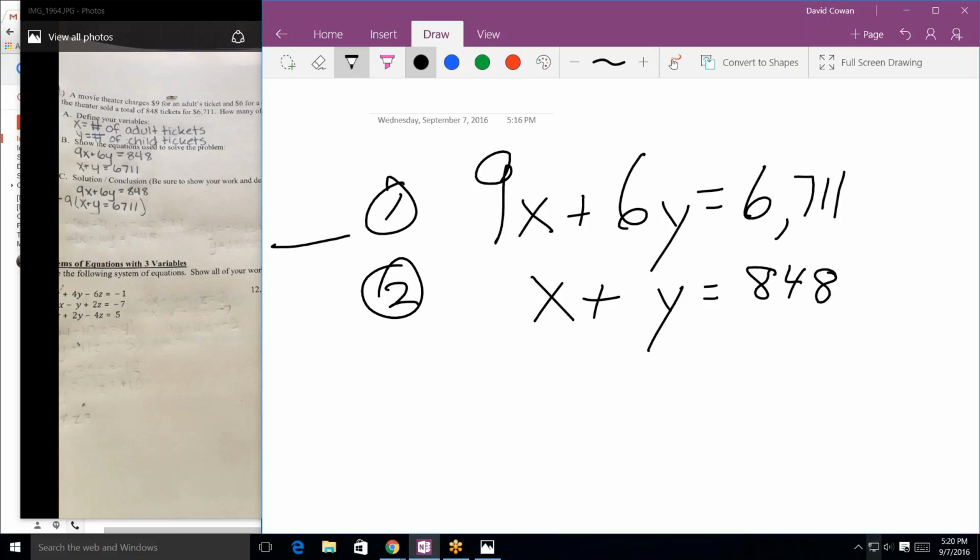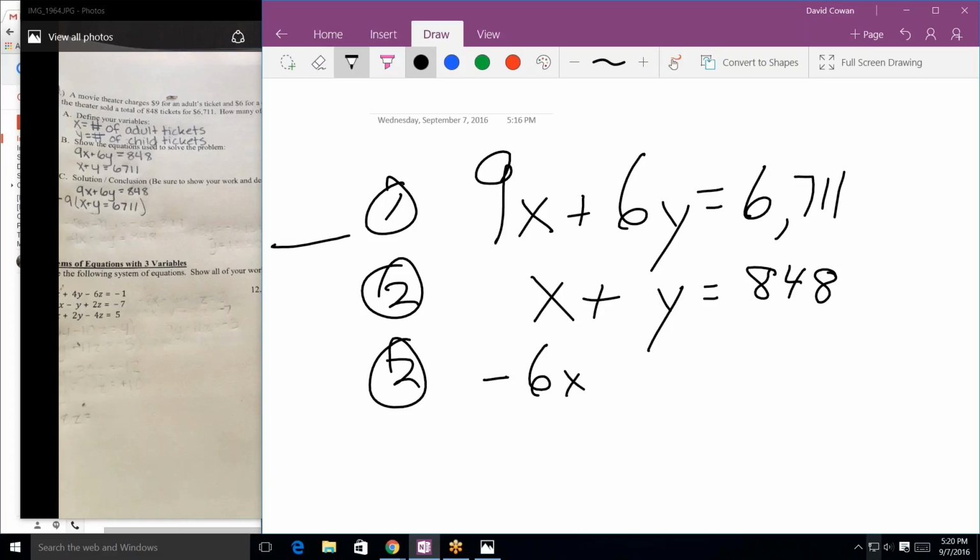Well, I'm going to make my numbers smaller if I multiply equation 2 by -6 rather than -9. Right. I have to multiply this number 848 by whatever it is, so let's multiply by smaller numbers. So let's do -6, and that way we'll eliminate y first.